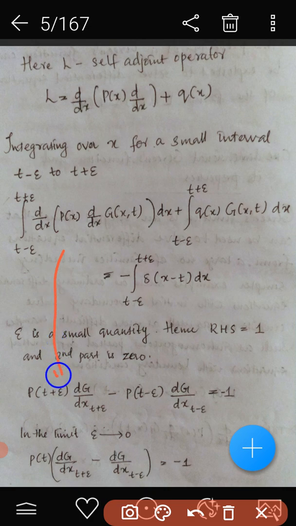Then the integral of a derivative of a function means the function itself. So p(t) times dg by dx, applying the limits: the upper limit is t plus epsilon, the lower limit is t minus epsilon, and in the limit epsilon tends to 0, the equation reduces to this form.